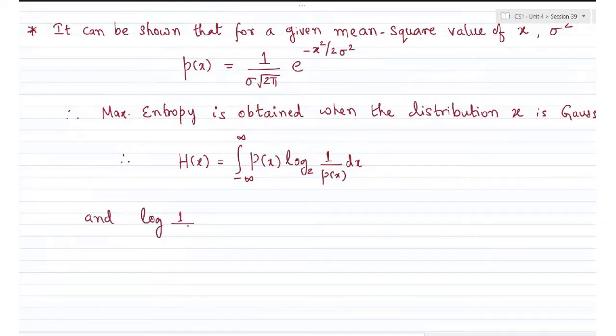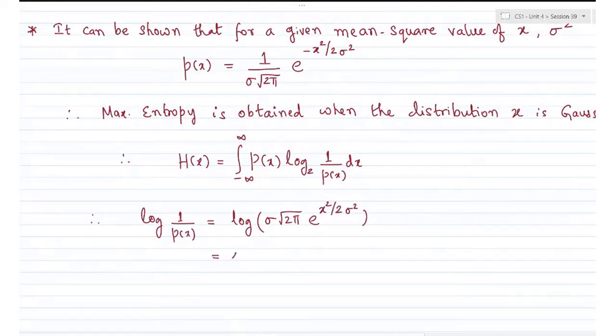Log of 1 over p of x, which is log of 1 over this quantity, which is log of sigma root 2 pi e power, since it's a negative term, when you take it into the numerator, x square over 2 sigma square.